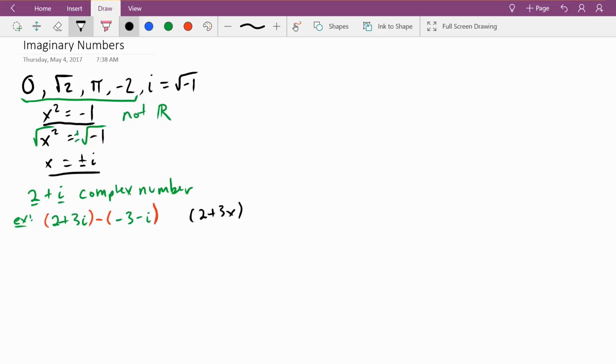If I change this to 2 plus 3x minus negative 3 minus x, right, what we would do is distribute this negative, and ultimately parentheses aren't really needed, plus 3 and plus x, right, after getting rid of the parentheses. And then we combine like terms. 2 plus 3 is 5, 3x and 1x is 4x.